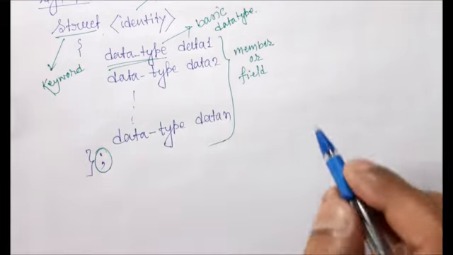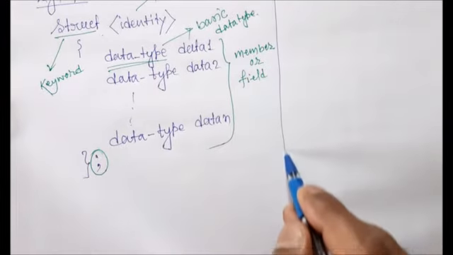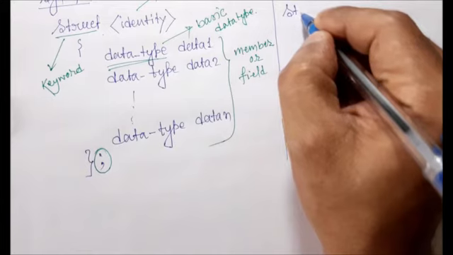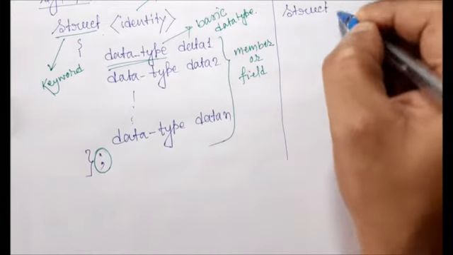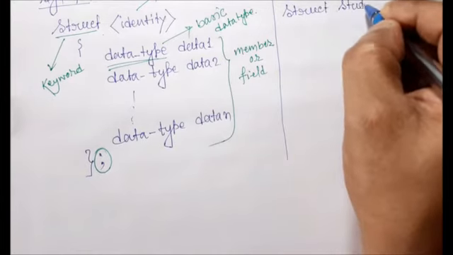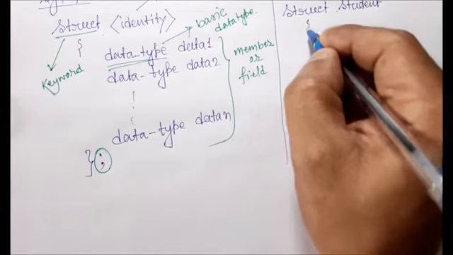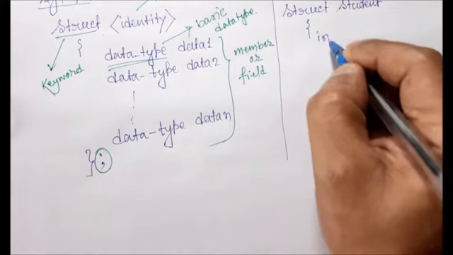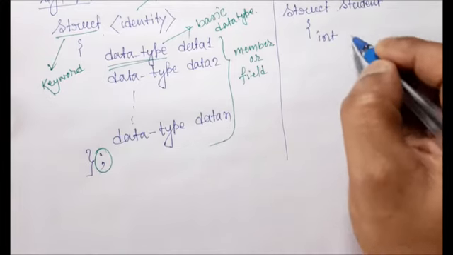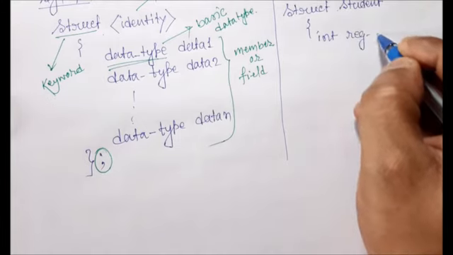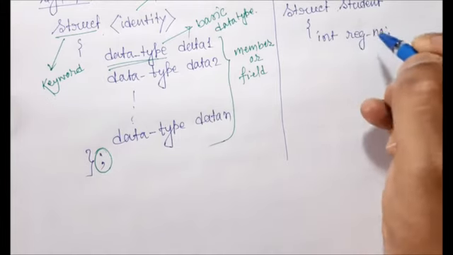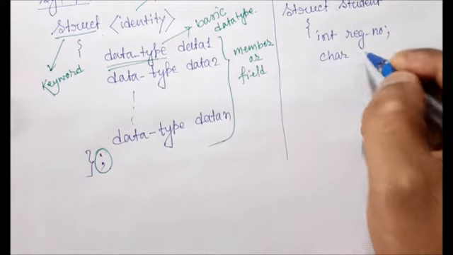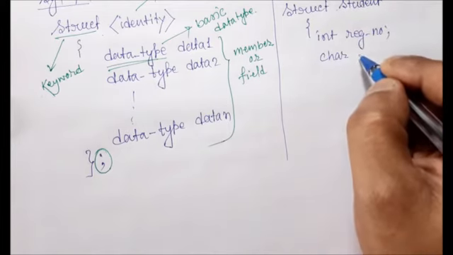Suppose we have to take an example. For example, struct student. This is the name of the structure, student. Then I want to take some fields, for example integer registration number, REG, registration number. Then we have to put the name. For this purpose I want to take a character array.